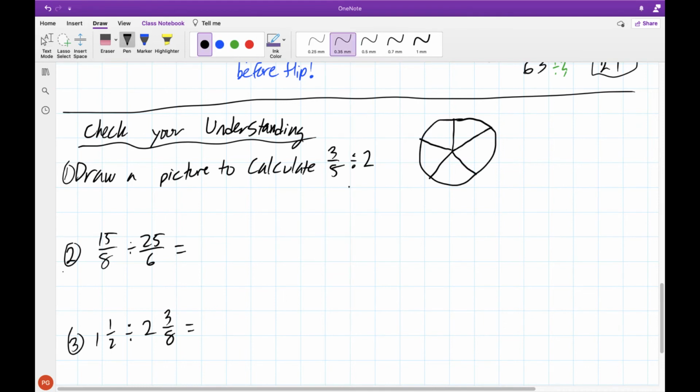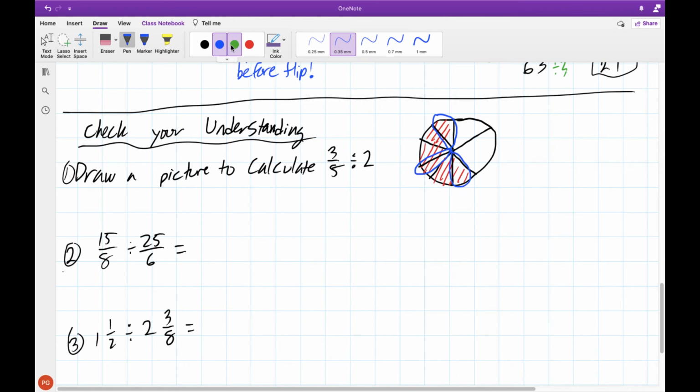For our first one, we need to start off by drawing 3/5. Now, drawing fifths in a wheel is kind of hard, but you want to draw this kind of like a star shape. We're dividing it by 2, so we're going to take all of these areas here, and we're going to divide them in half. If we want half of this total, that means we need to take one chunk from here, one chunk from here, and one chunk from here.